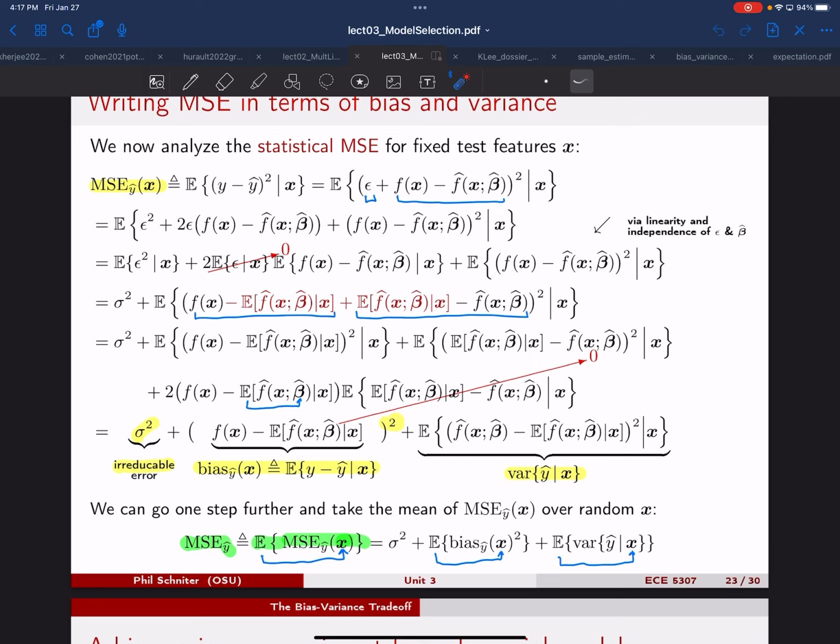So there's what happens on average, but then there's the deviation from the average. And that's just what the variance is measuring. It's the expected squared value of the difference between the prediction and the average prediction. So the larger the gap between prediction and the average prediction, the larger your variance grows and the larger your mean squared error grows.